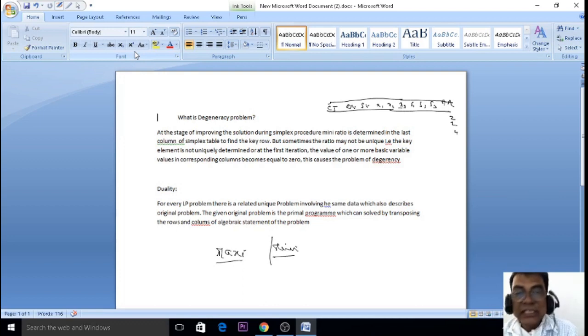For example, if the question is given as maximization, this is called the primal. And if you convert it with the help of some basic concept from maximization to minimization, this is called the dual, or duality. So in one question, you have to calculate two answers, maximization and minimization.